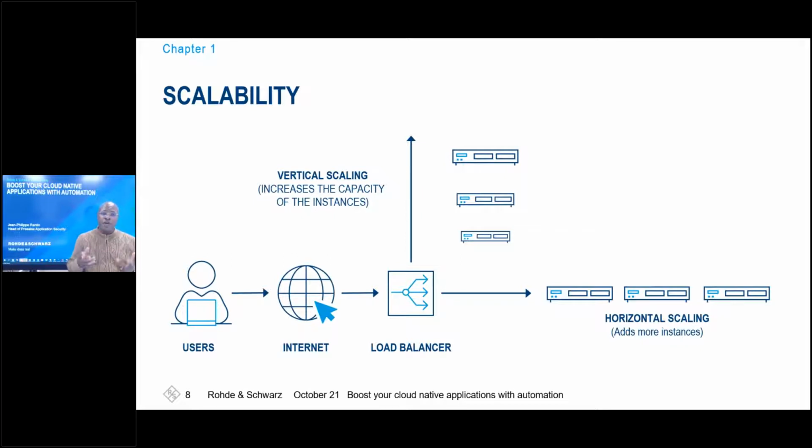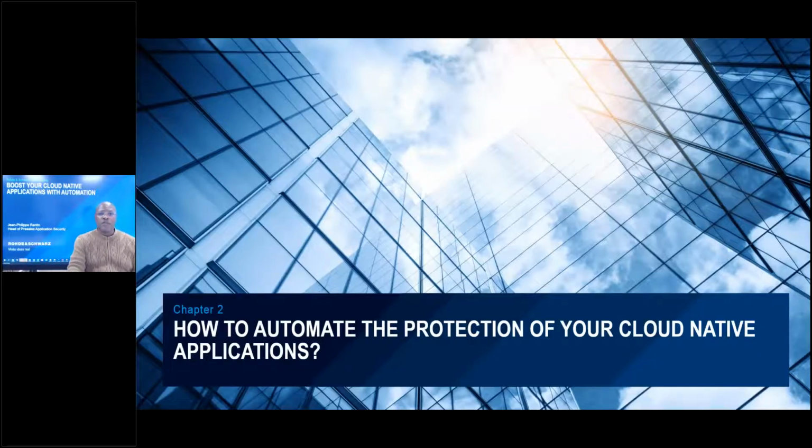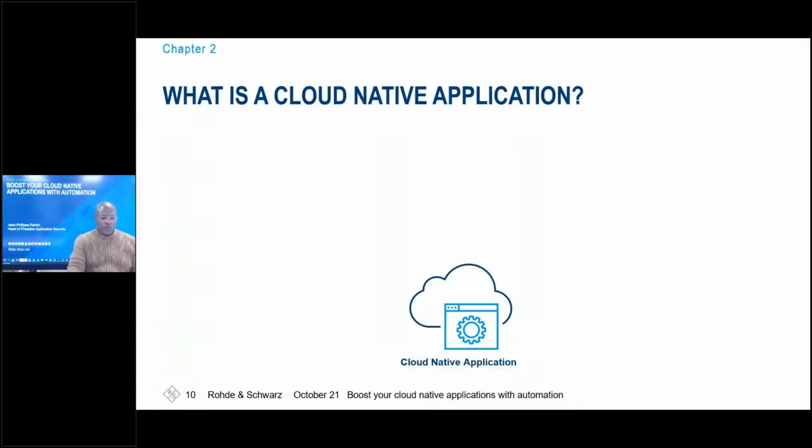So thinking about your automation, you also have to think about how I can monitor and be able to scale whenever I need to according to my traffic. And this is definitely part of the automation thinking that you should have.